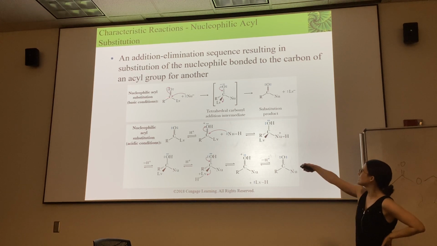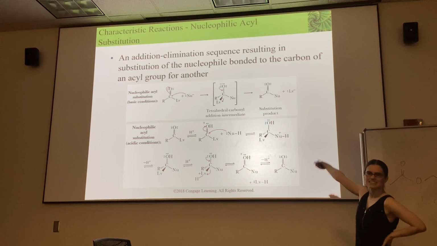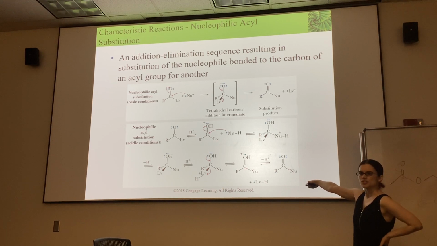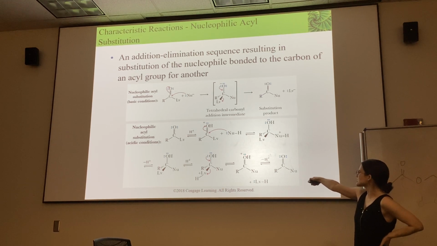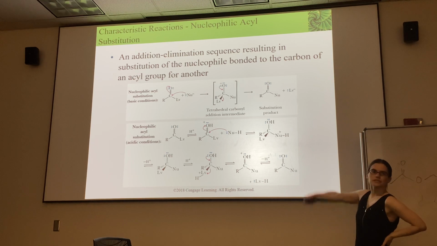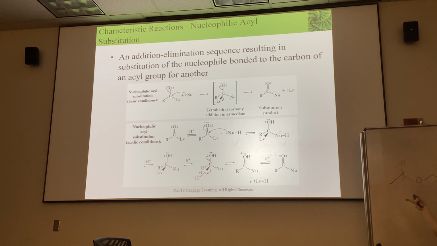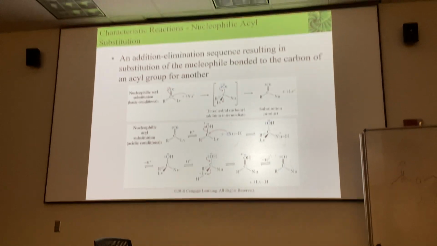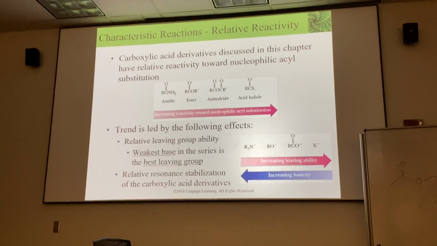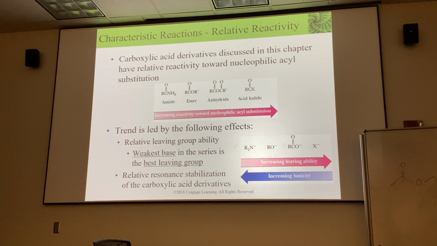So this is it. This is just a bunch of proton transfers so that our charges stay right. But attack with a nucleophile, reform your double bond, leaving group leaves. Kind of like 16, but now we get to reform our carbonyl. So those are a lot of the characteristic reactions of carboxylic acid cousins.